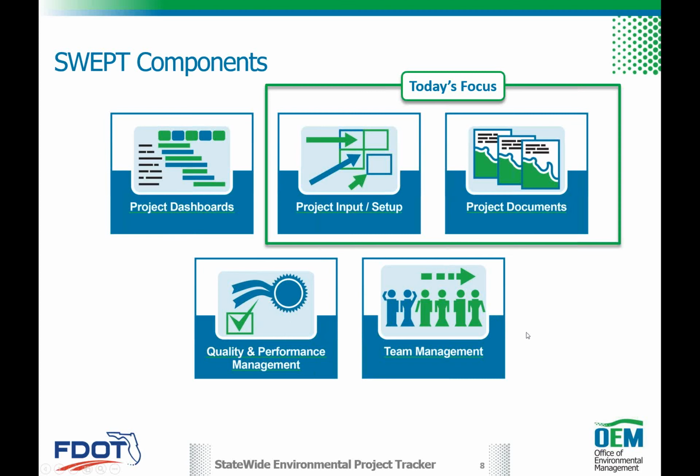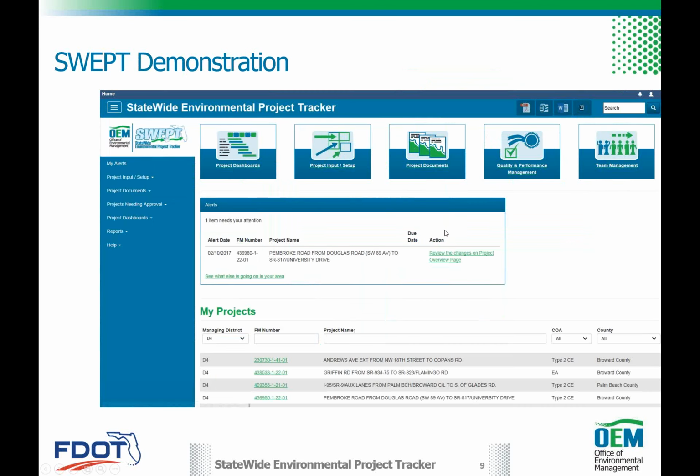And then there's team management. That's how folks get assigned to be part of the review team, and how we know for every project who the folks are that need to be part of that review and approval. But today's focus is going to be on these top 2 items: project input and setup, and the project record, the project documentation itself within the system.